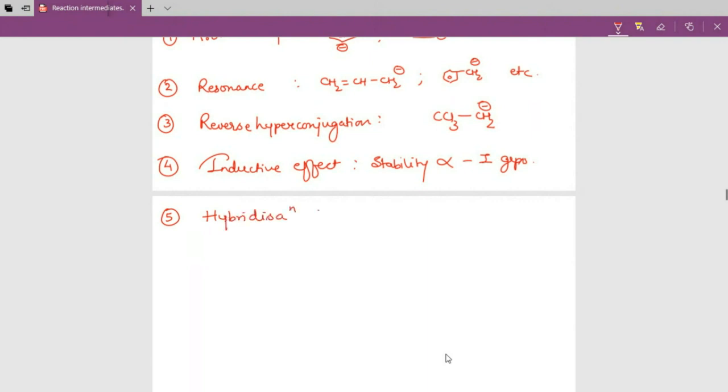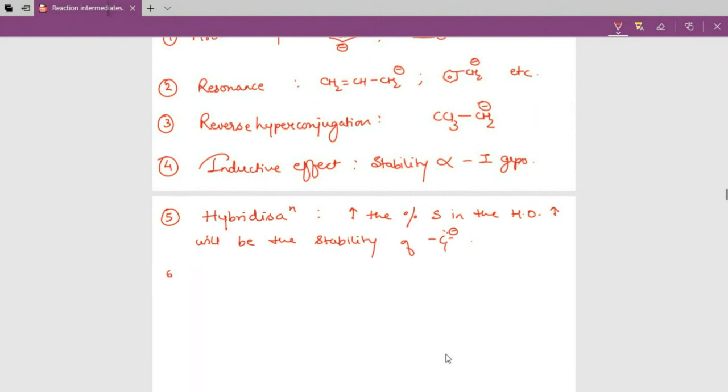As it is an electron dense species, right? Carbanion. So, more the percentage s character in the hybrid orbital, more will be the stability of carbanion.